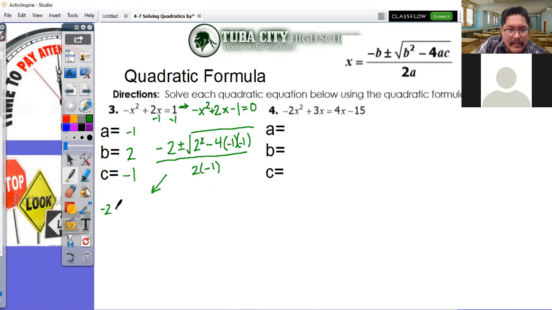So -2 plus and minus square root of 4. And now for these ones here, I'm gonna need to check the signs. In this case, I have 3 negatives. So if I multiply the first 2 negatives, that's going to make it a positive. Positive times negative is going to be a negative. Okay, well, what if I multiply the last 2?